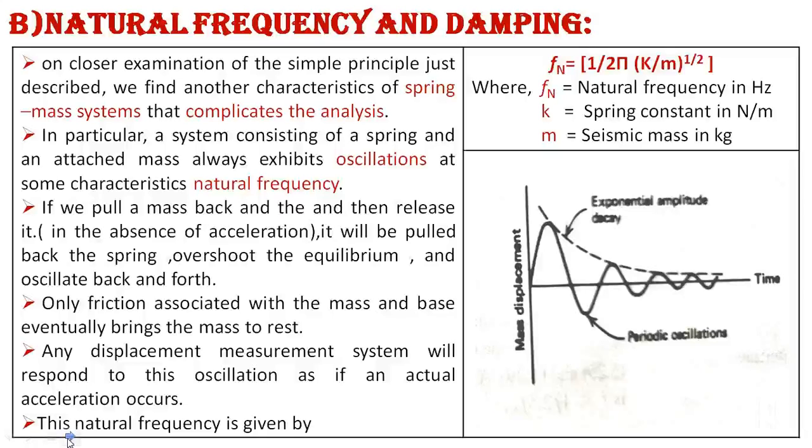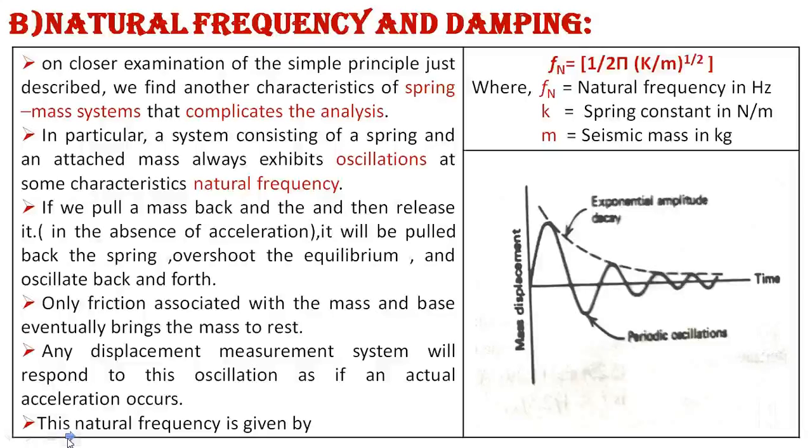If we pull the mass back and then release it in the absence of acceleration, the spring will overshoot the equilibrium and oscillate back and forth. Only friction associated with the mass and base eventually brings the mass to rest.